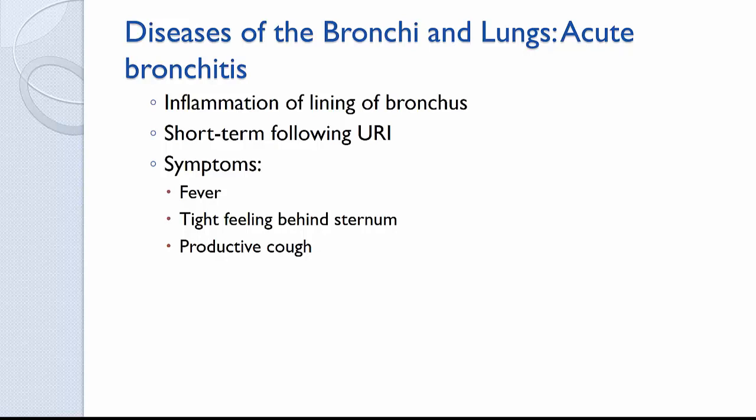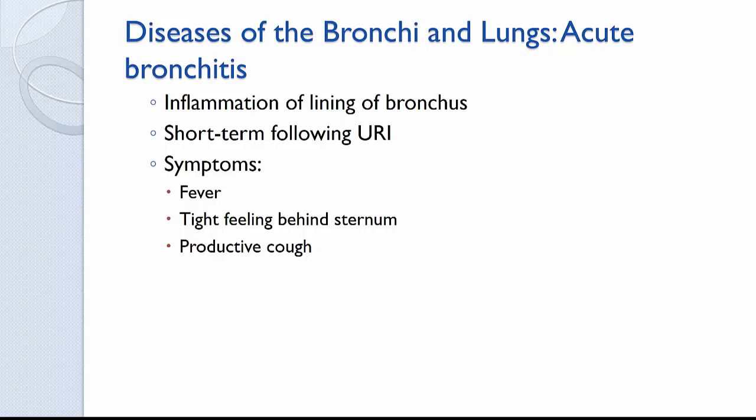In reality, most of the time, acute bronchitis, even with productive cough and sputum, is a viral infection. So antibiotic treatment truly will not be helping.